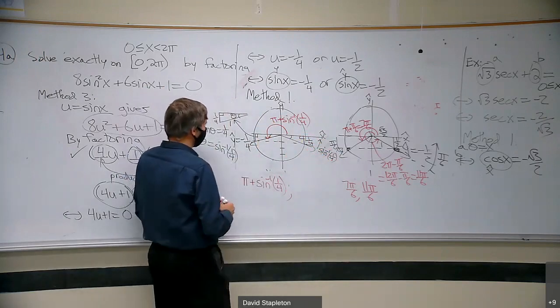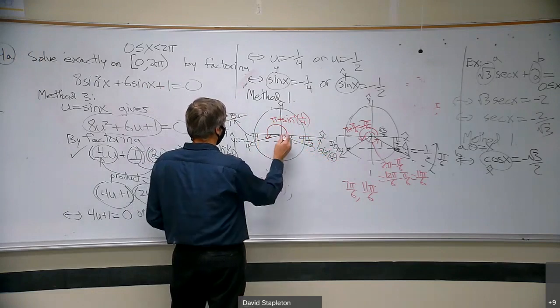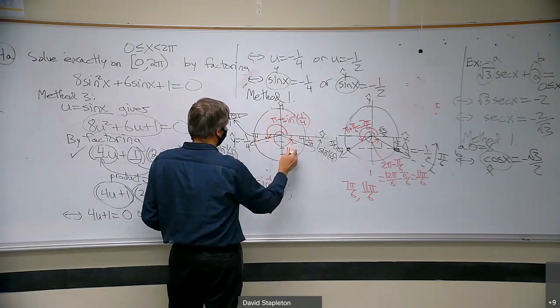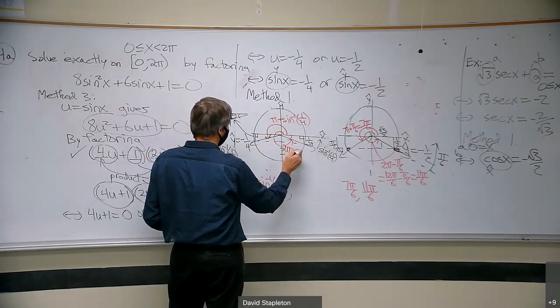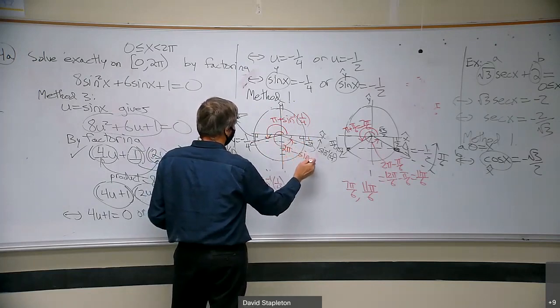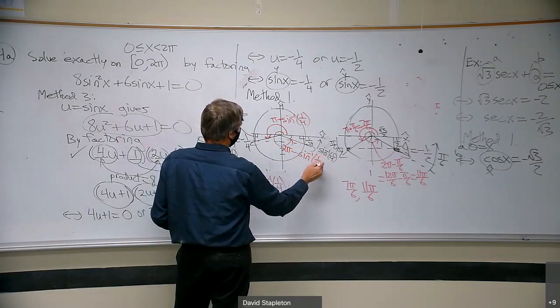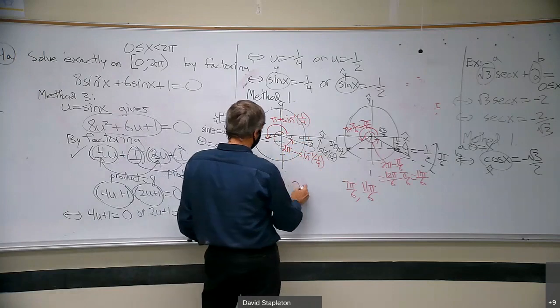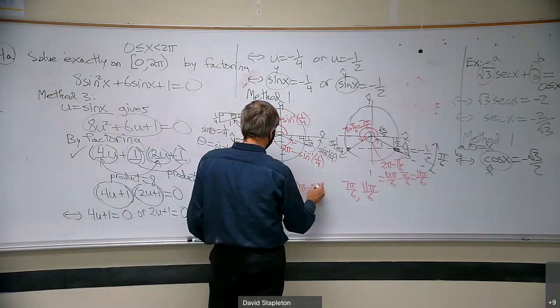And so the final angle here within one rotation is 2 pi, one rotation, less that one. So there's the other answer, 2 pi subtract arc sine of a fourth.